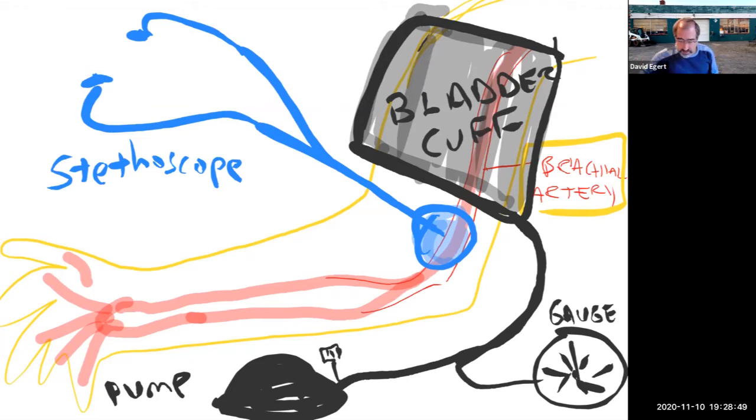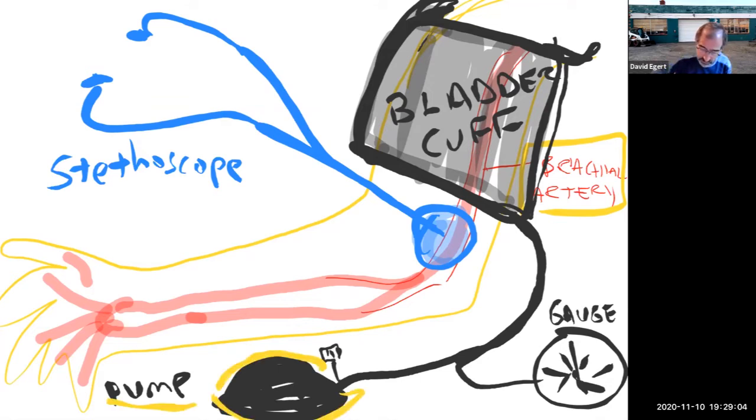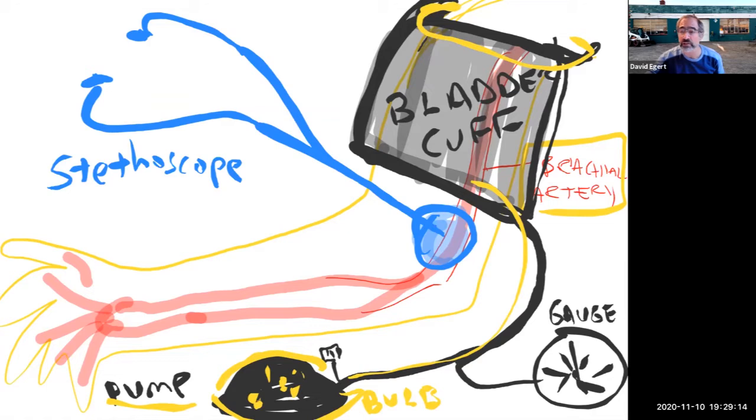The basic idea here is you have this cuff, which you can wrap around the person's arm. It's got this rubber bladder inside. As you pump it with air using this little squeeze bulb, this thing starts squeezing tighter and tighter around the person's arm.